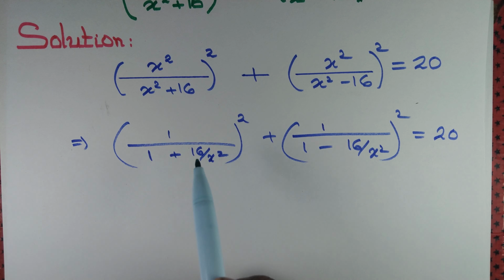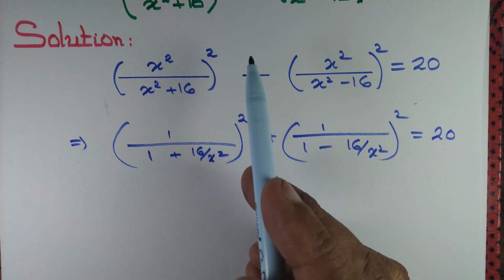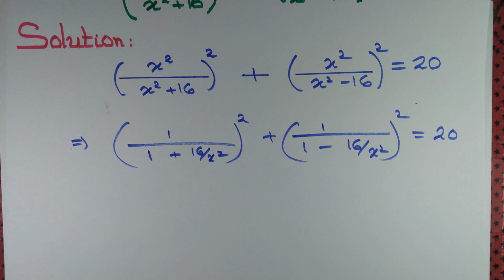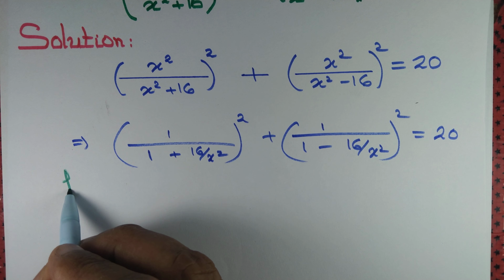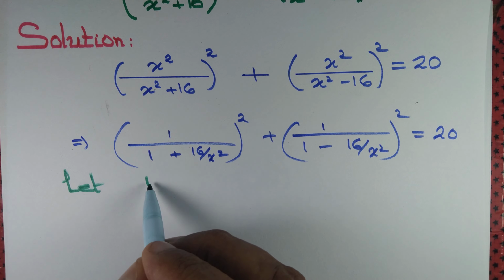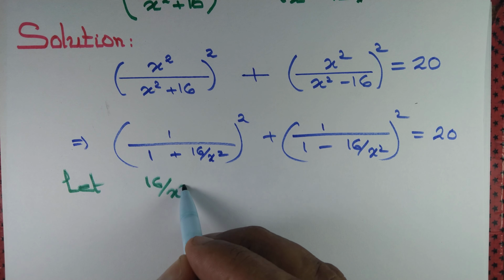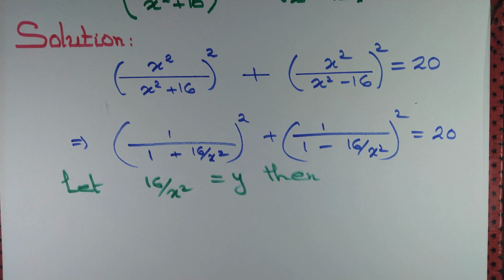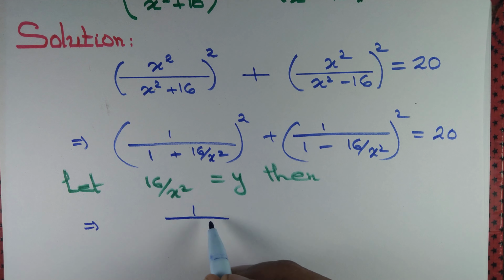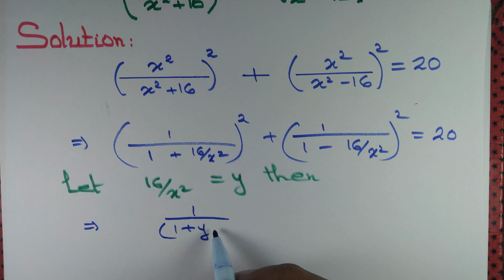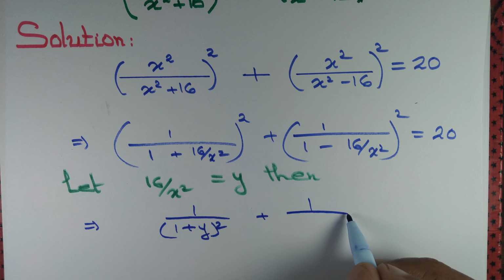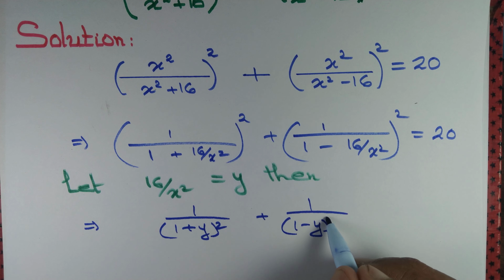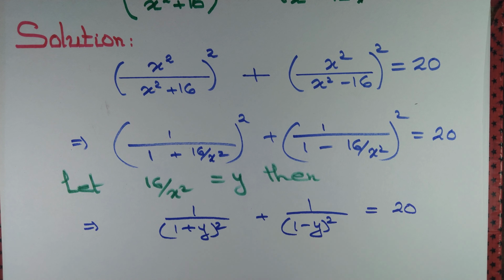You may say that this looks more complicated than the previous one. However, let 16 by x square equal to y, then the equation simplifies to 1 by (1 plus y) whole square plus 1 by (1 minus y) whole square equal to 20.